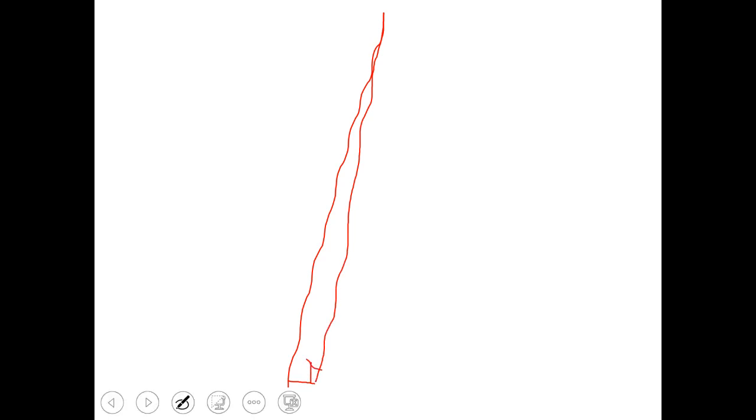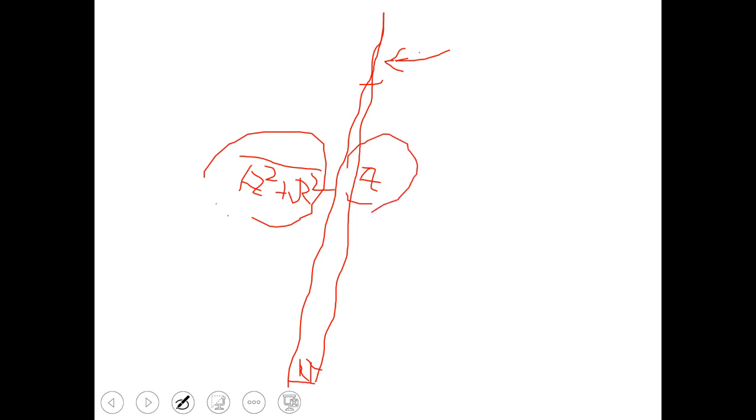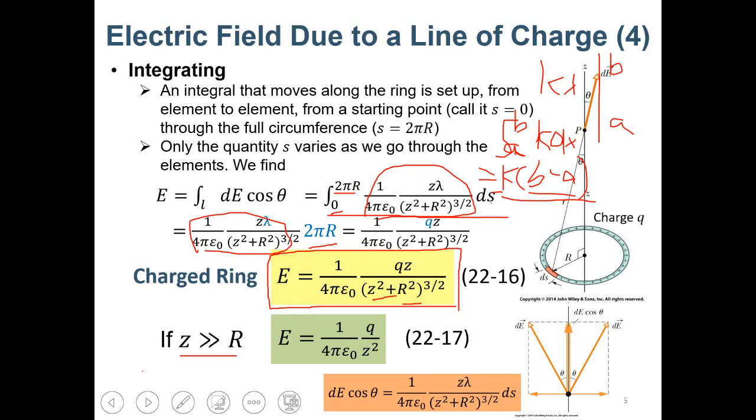right angle triangle. If this is z, this is R, this is the hypotenuse, square root of z squared plus R squared. So if this angle is very small, then this one is similar to this one, right? So actually, if z is much larger than R, then just ignore the R squared, and then we'll have z squared here.